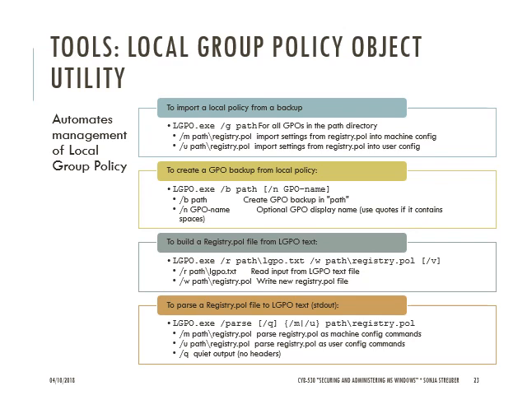LGPO.EXE can import and apply settings from registry policy files, security templates, advanced auditing backup files, and from formatted LGPO text files. It can export local policy to a GPO backup and the contents of a registry policy file to the LGPO text format that can then be edited. And it can build a registry policy file from an LGPO text file.